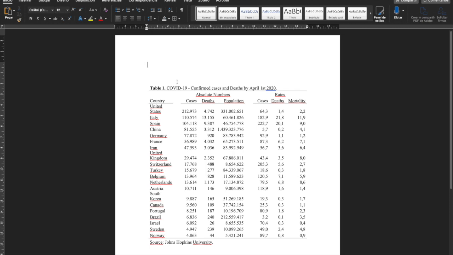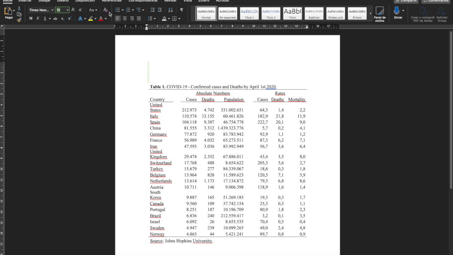So the first thing is to choose a title. I will just format the document a little bit. I like to use Times New Roman 12. So I will give a title for this essay or for this work. Try to be something descriptive that gives you the general idea on how to present the information, but also be creative.